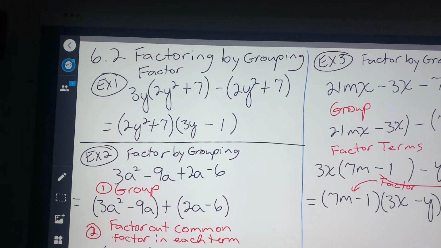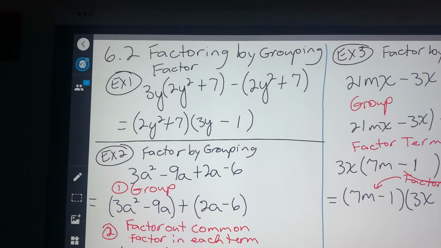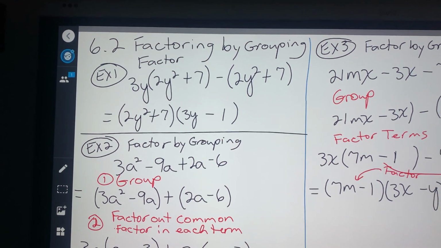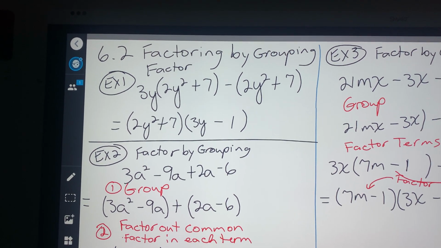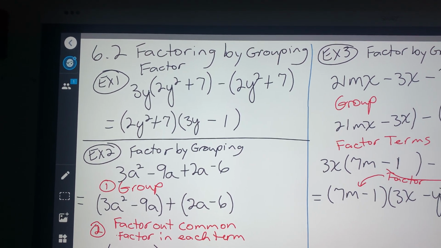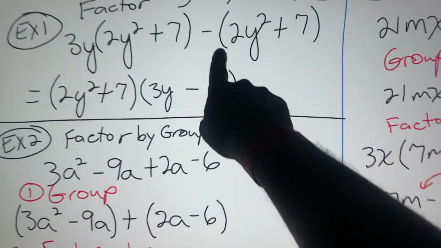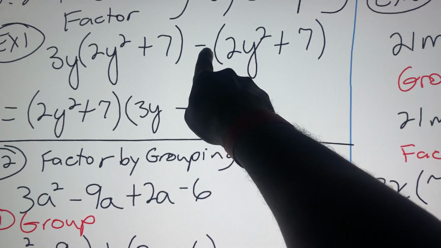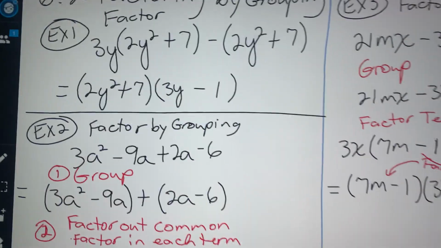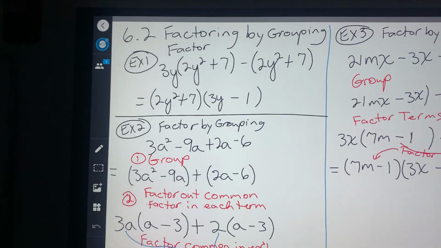So we factor that out into one parenthesis and then multiply it by what's on the outside of the other parentheses. So the 3y minus 1, because again, that's an imaginary negative 1 out there.